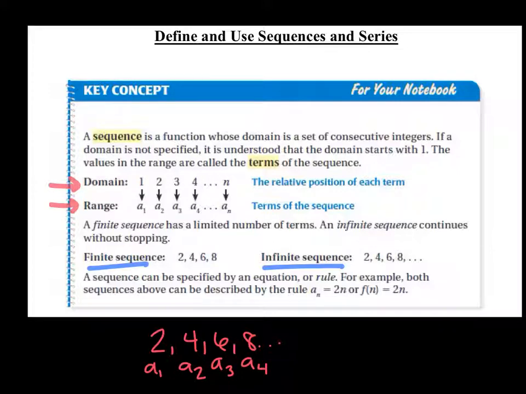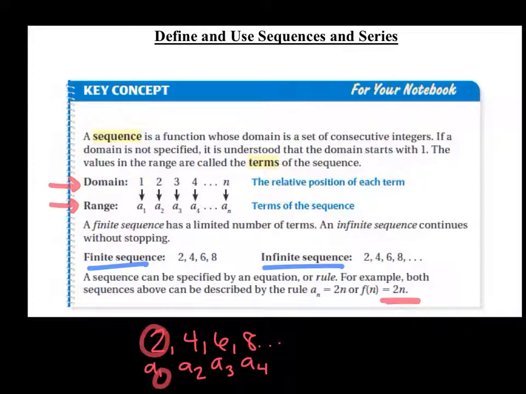So if you are trying to relate the term number with the term value, how do we get from 1 to 2, and then 2 to 4, and then 3 to 6, and then 4 to 8? Well, you have to multiply them each by 2. And you can always go back and check and make sure that does work.